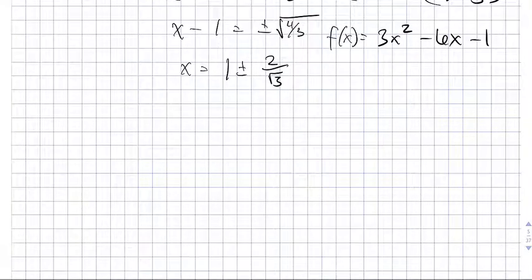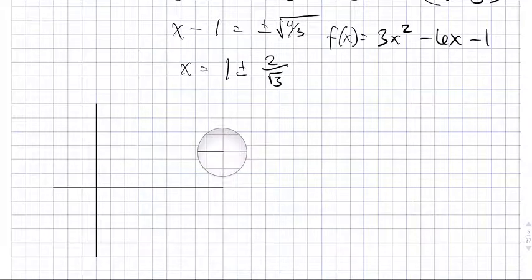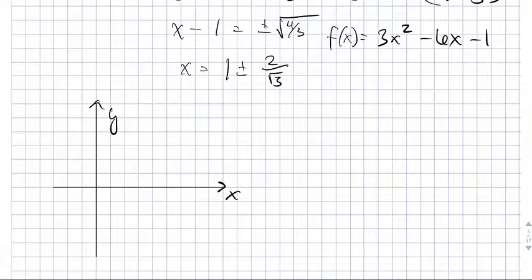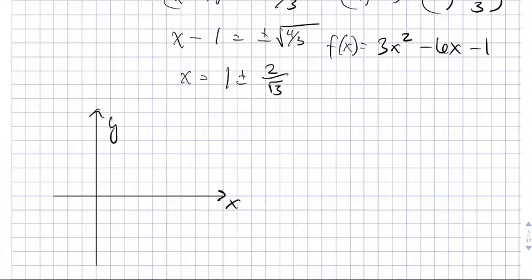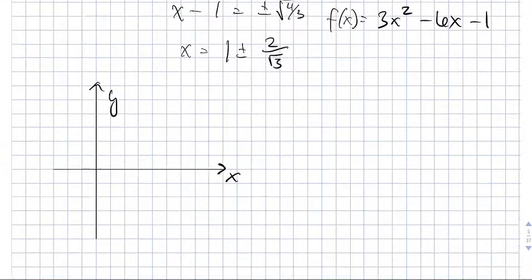So I'll do this. This is the positive x. This is our positive y. Let's see. So h comma k is 1 to the right and down 1 and a third.